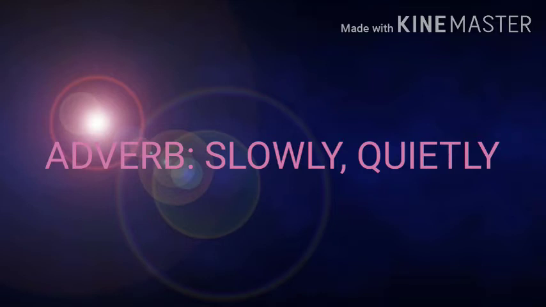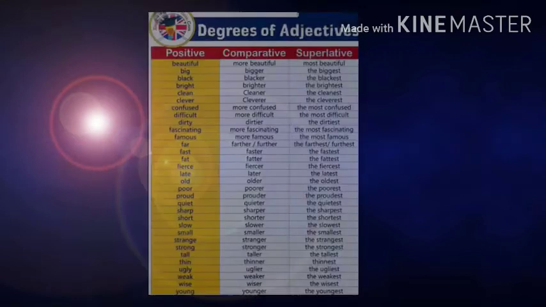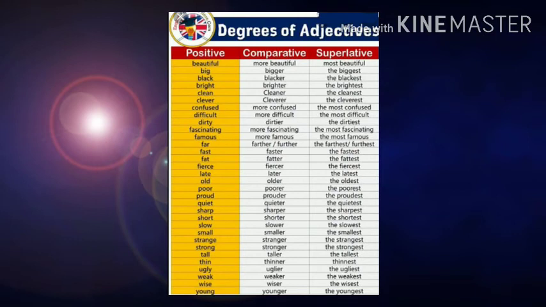By using these adjectives and adverbs, we will be able to form the degree of comparison. Without understanding what adjective and adverb are, we cannot form the sentences for degree of comparison. So now we will see a small example of comparing degrees of comparison.